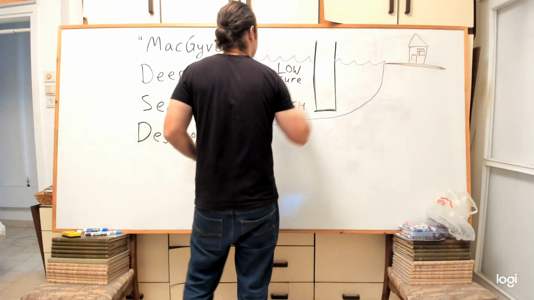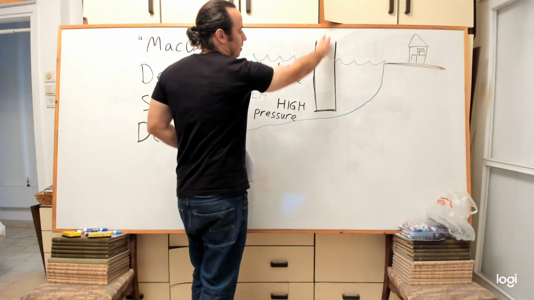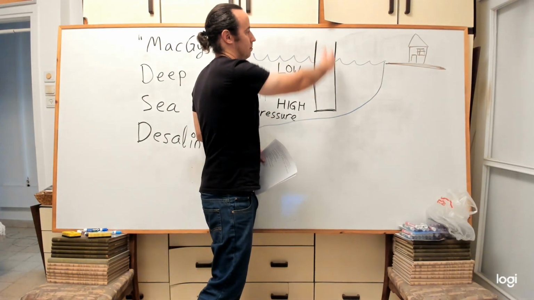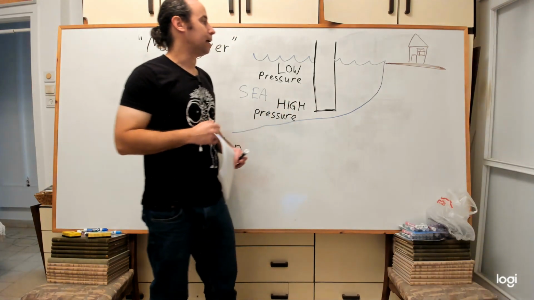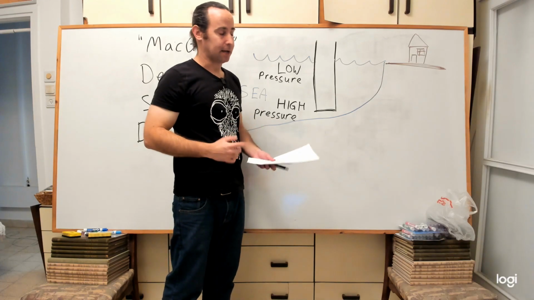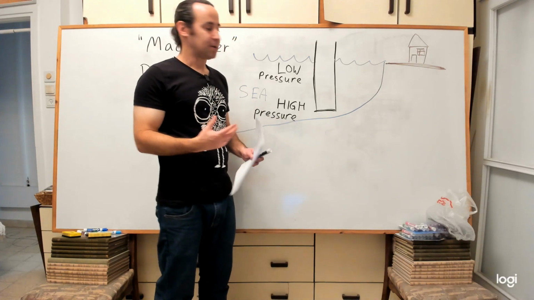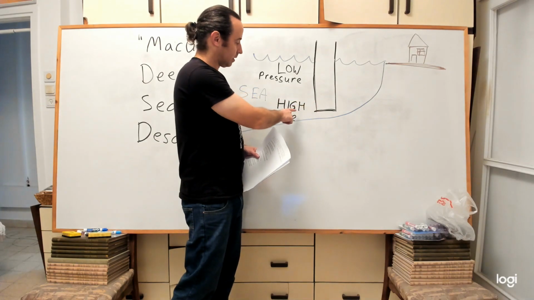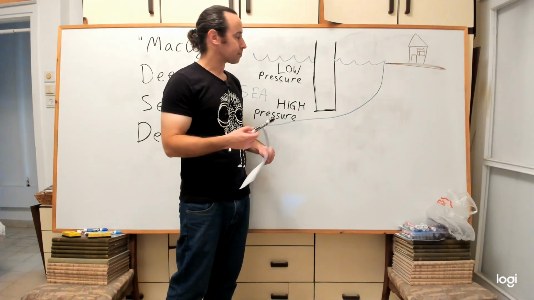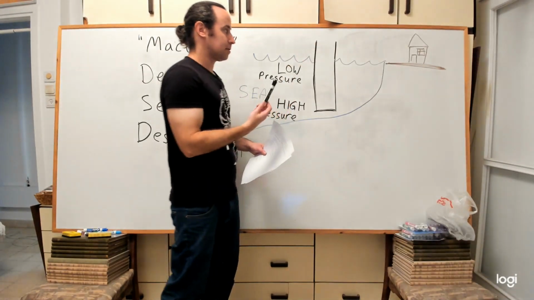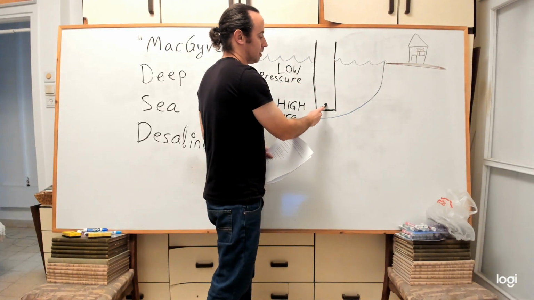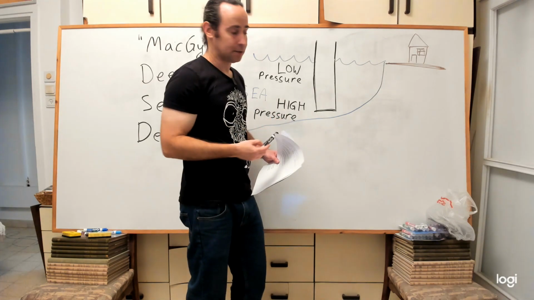All this is filled with just normal air, like a huge empty glass. But it's not made of glass because it needs to withstand a very high pressure here, so it's made of concrete or metal. What I'm trying to say is that the same pressure that is here and here and here is the same pressure that is here. Why? Because it's all air.